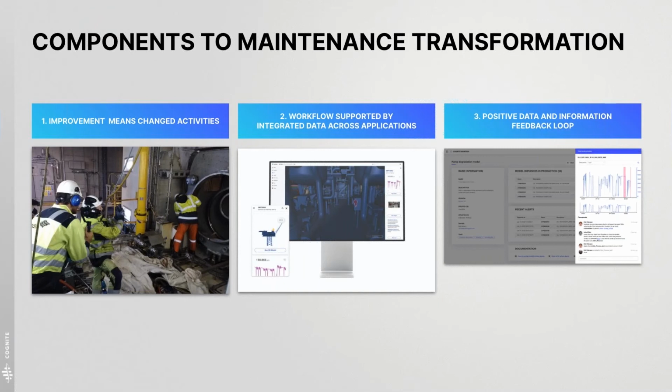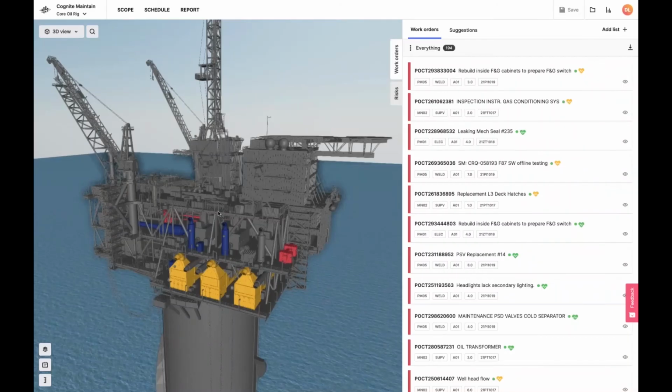Then number 3 is to start generating more data through 1, cheaper condition monitoring, and 2, collaboration to start building positive information feedback loops. But we need to start with number 1 and build from there. And this is really where Cognite Maintain is key. So everyone, let me show you what I mean.